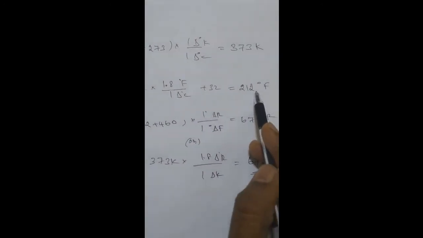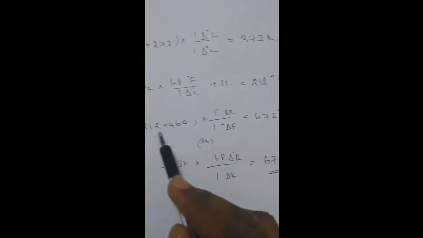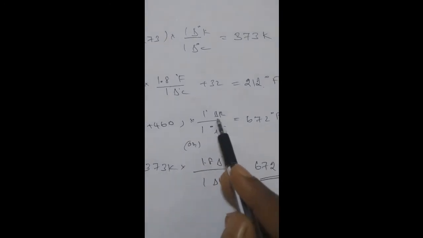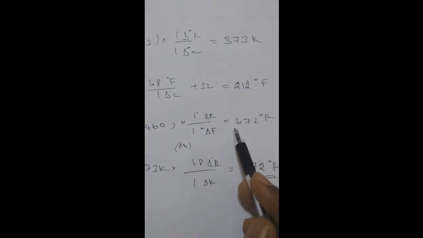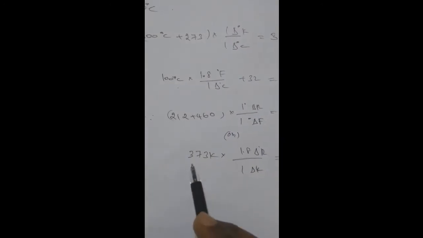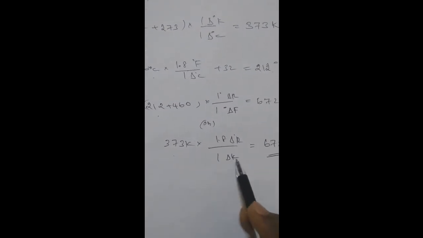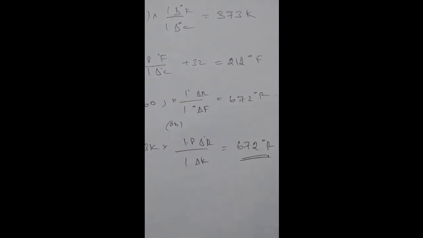From Fahrenheit to Rankine, 212 plus 460 is 672 degree Rankine. So 373 Kelvin multiplied by 1.8 is also 672 degree Rankine.